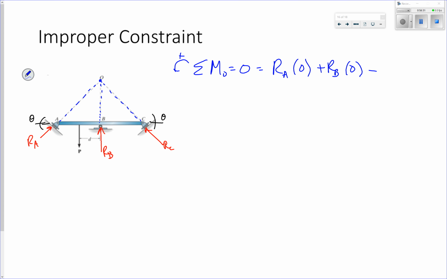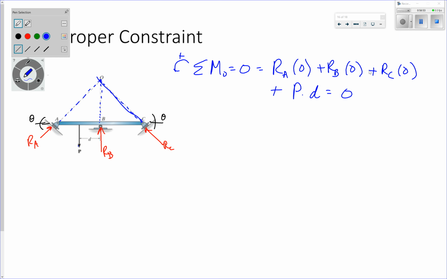My reaction force at C, again, since this is parallel to the line that we're taking the moment about, I have no moment arm. I do have, though, if I'm taking about O, P times D, that force, right?